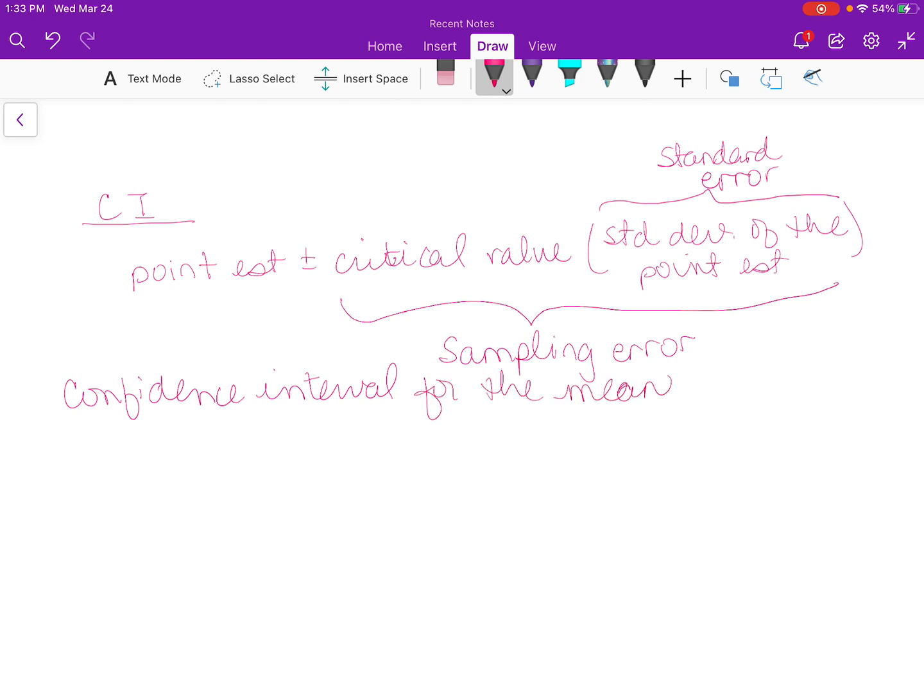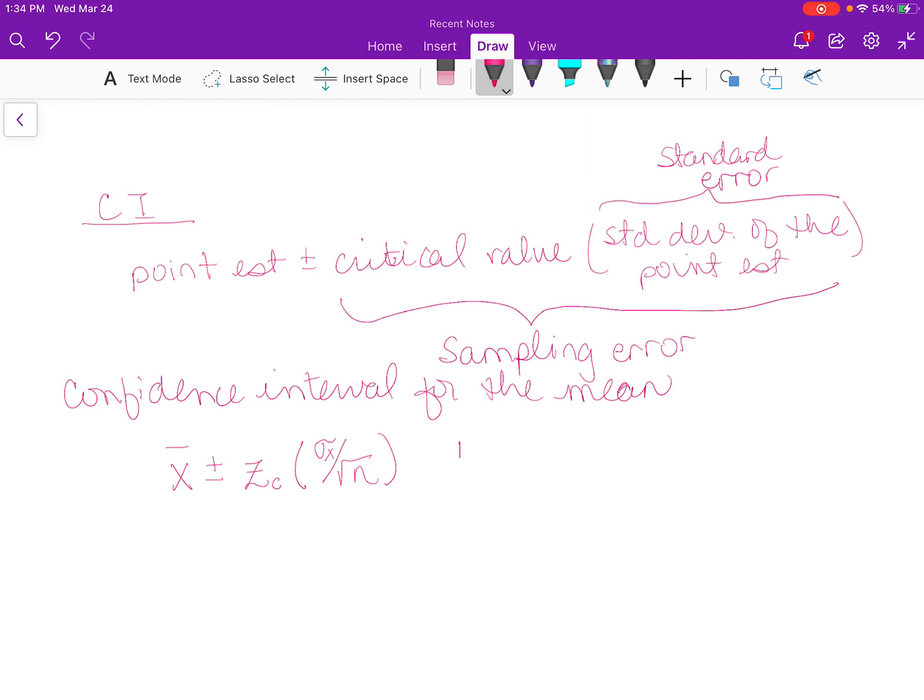And if you go back to section 5.4, using X bar as my point estimate and Z sub C as my critical value, you'll remember the standard deviation of X bar was sigma of X divided by the square root of N. So that's what I would do to calculate a confidence interval.